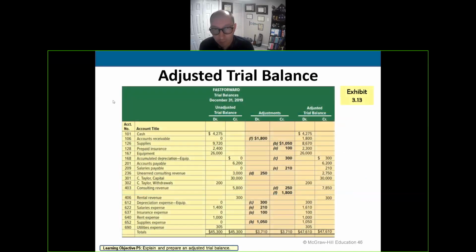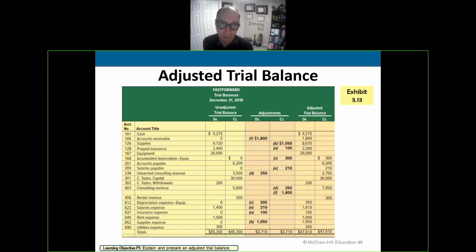Now, usually at the end of the year, we prepare what's called an adjusted trial balance. Because we've been making adjusting entries throughout the year, right? And we need to make sure that our balances balance. Our debits equal our credits. We have to make sure that those things balance out.